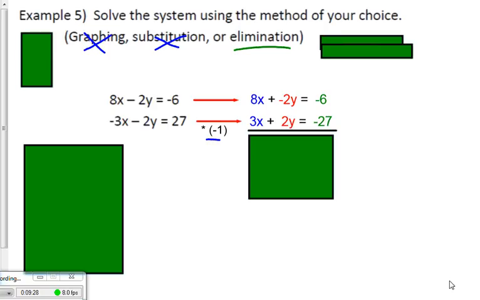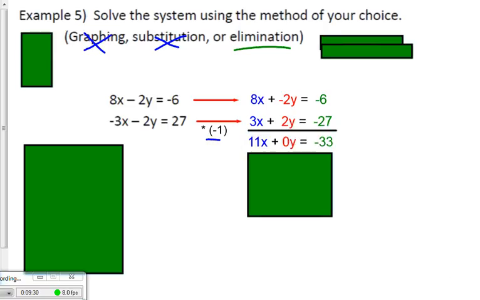That's our goal for elimination. So I just add everything up then. 8x and 3x becomes 11x. Negative 2y and positive 2y become 0y. Essentially they're just eliminated. We got rid of them. Negative 6 and negative 27, we add those together and we get negative 33.